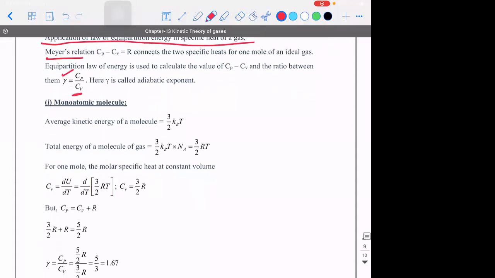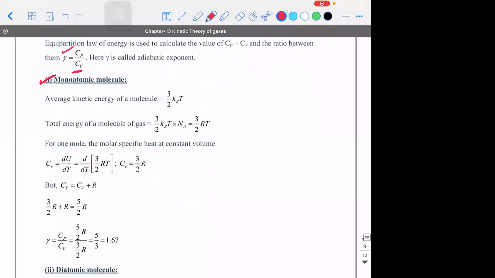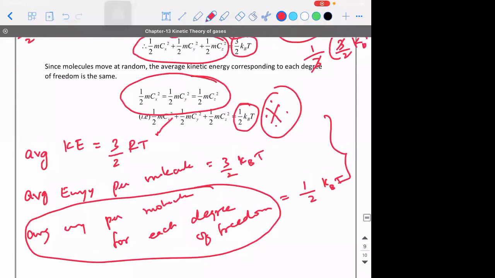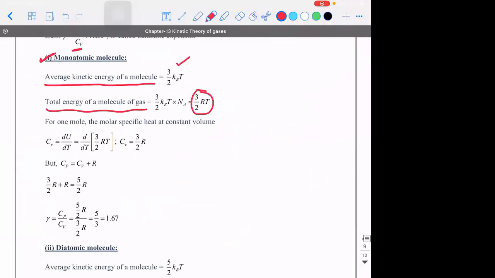Now, for a monoatomic molecule, if I'm interested to calculate the value of gamma, how do I find it? If the average kinetic energy of a molecule is 3 by 2 into kB into T, then the total energy of the gas is 3 by 2 into R into T. You need to be very careful with that.